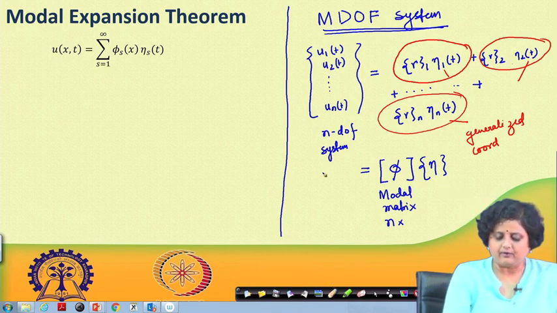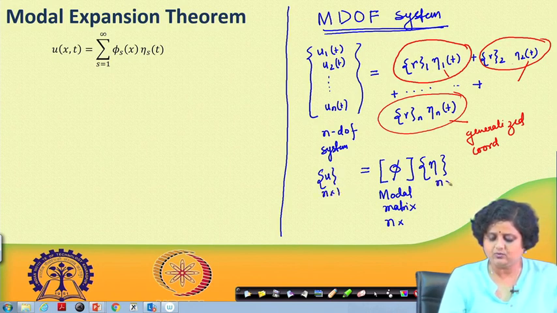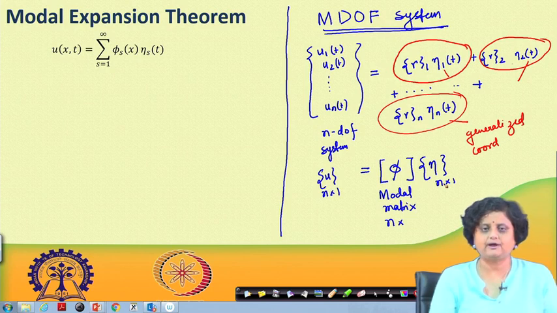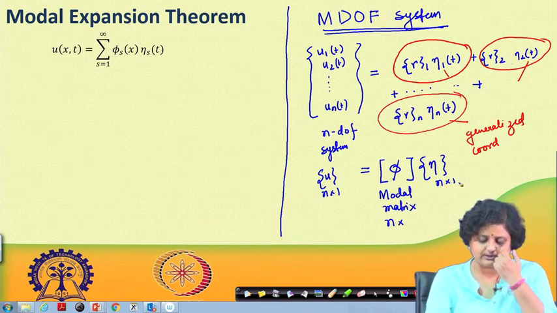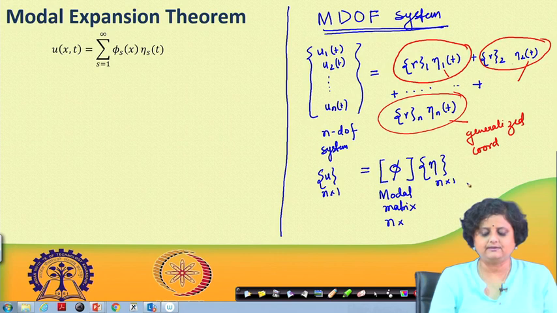So, therefore, u t, which is the displacement vector, which is n cross 1, is equal to the modal matrix containing the mode shape into the generalized coordinate, which is represented as eta.